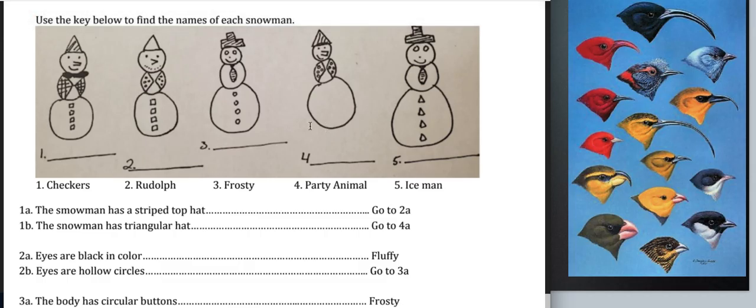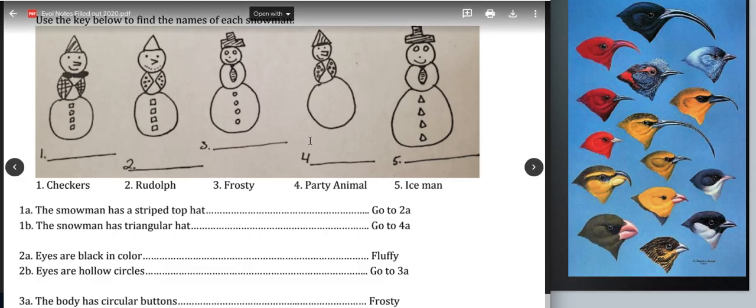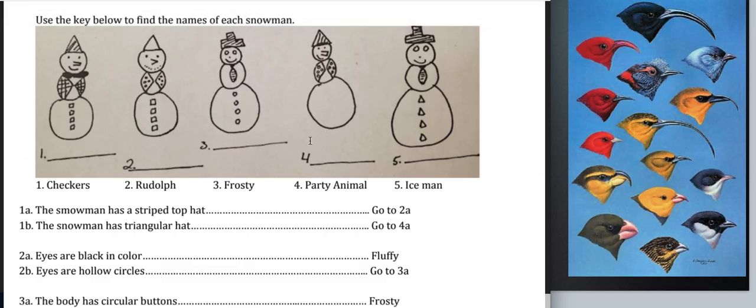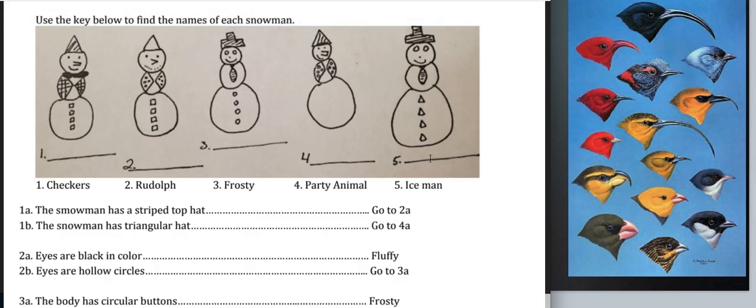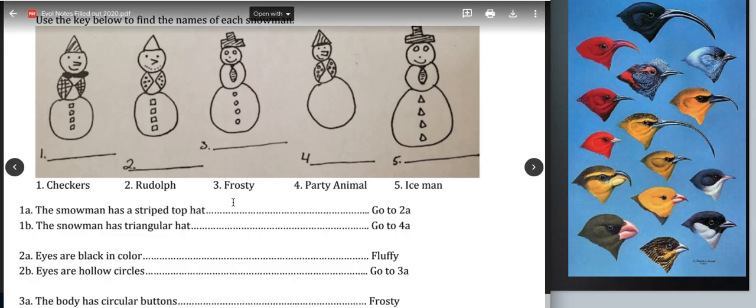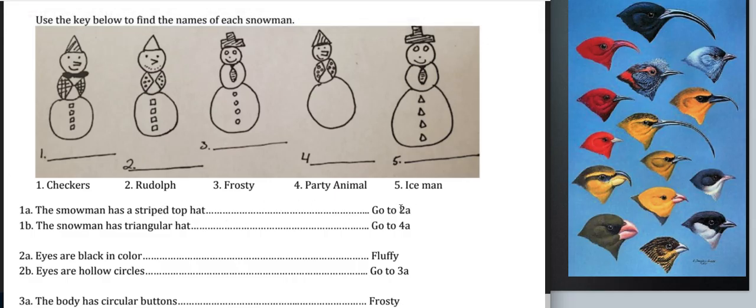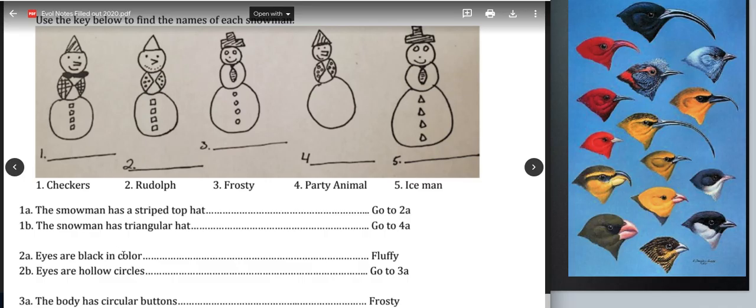Now, if you go through this key at any time and you get the same answer twice, you did something wrong. You can never get the same answer twice. Okay? All right, we got one more snowman left, but there's 2 names in the chart, so we're going to have to do it. All right, he does have a striped top hat, so we're going to go to 2A. Are his eyes black or are they hollow circles? They're hollow circles.